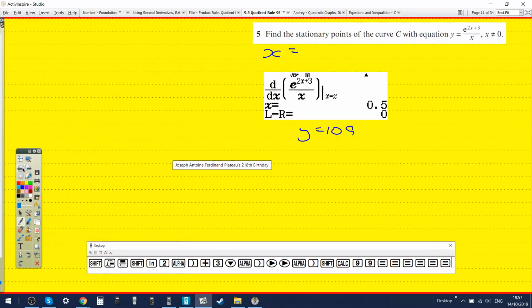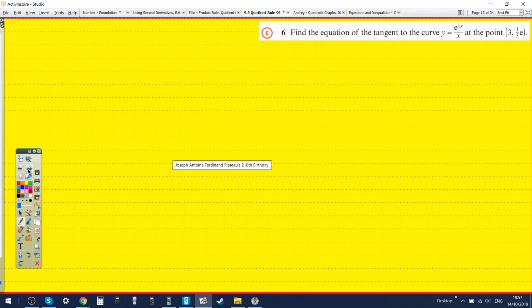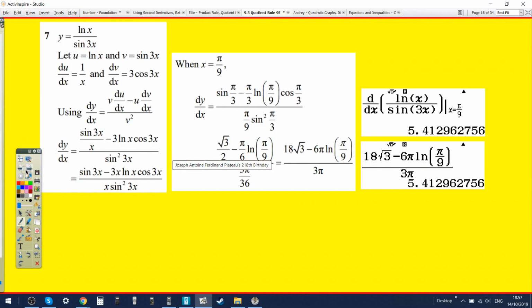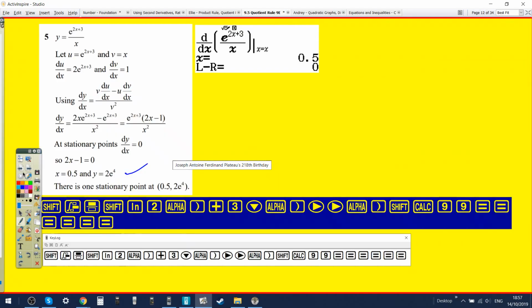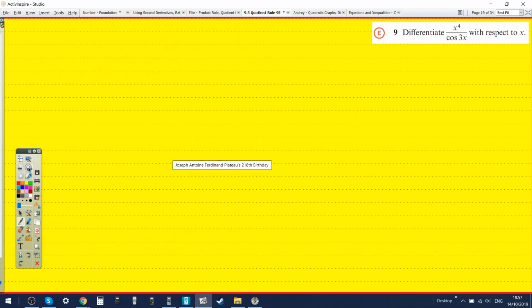Okay, so for these, you can always use the quotient rule and sub in the x, or you can just use the graphical solve, or you can use the solver.